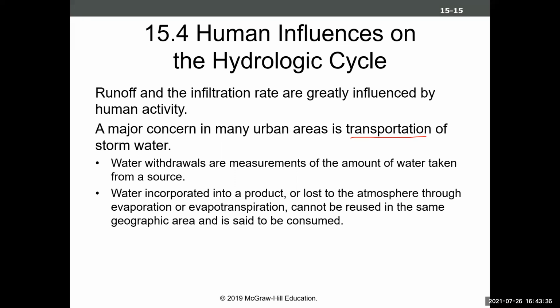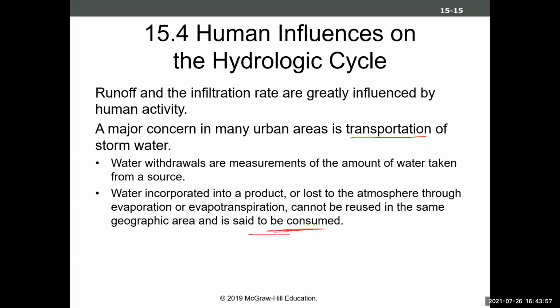So water withdrawals are measurements of the amount of water taken from a source, right? So you can measure that. And then if you incorporate water into a product, or if you lose it through evaporation, evapotranspiration, it can't be used in the same geographic area where it's consumed, okay?